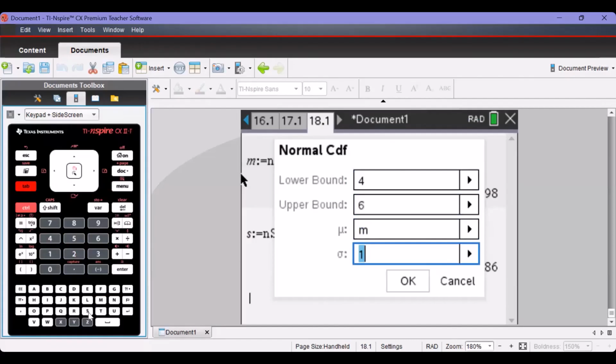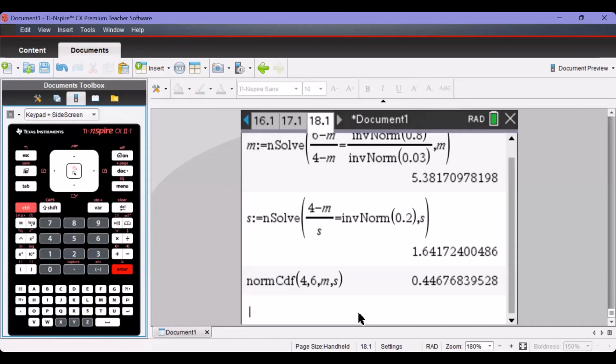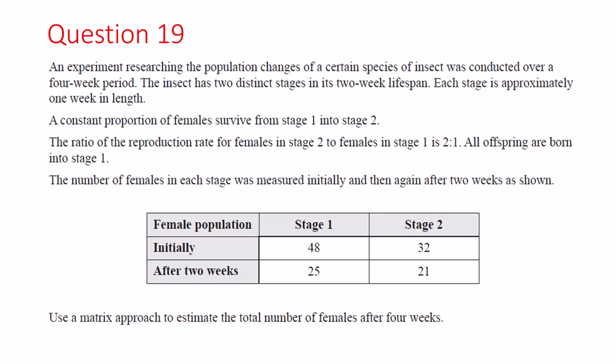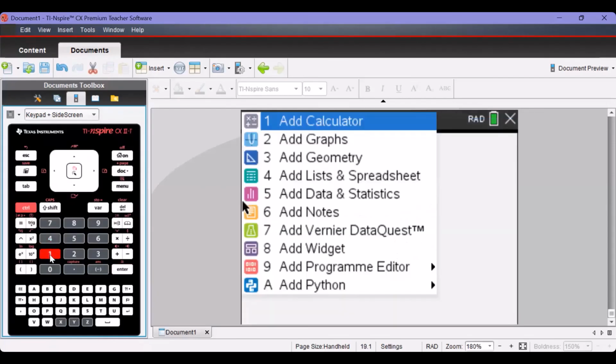Our standard deviation is S. Press tab to highlight OK, and then press enter. And so that required probability, correct to 4 decimal places, is 0.4468.